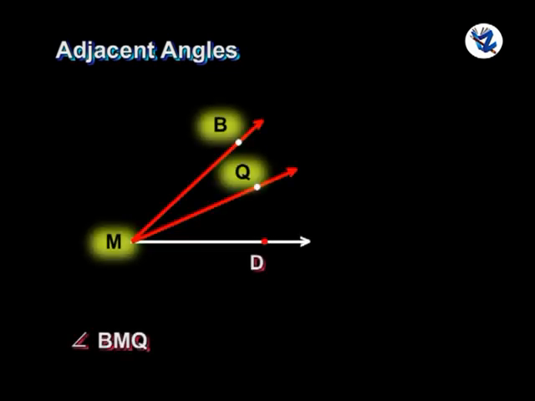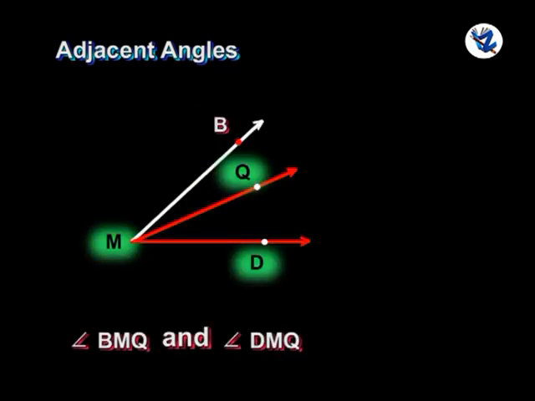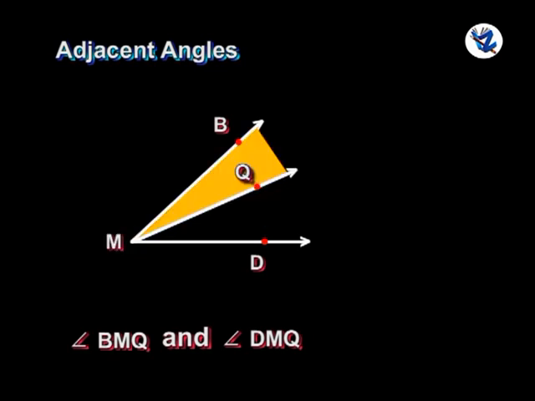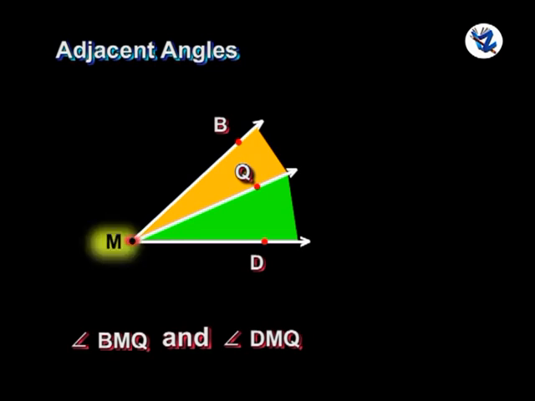Then adjacent angles. Here we can see two angles, angle BMQ and angle DMQ. The ray MQ is the common arm of the angles. Angle BMQ and angle DMQ have point M as their common vertex.